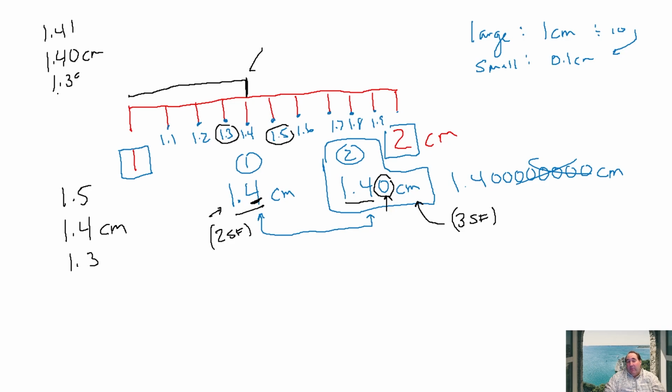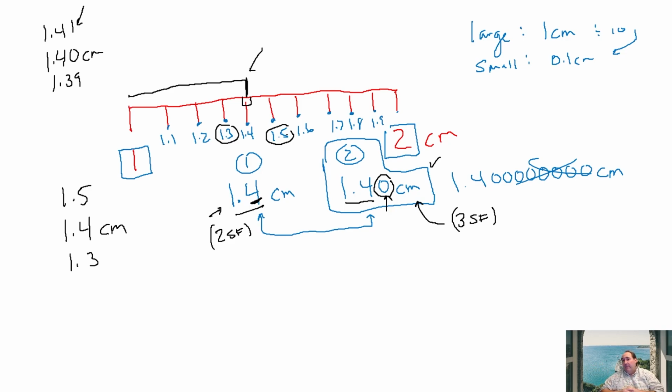Maybe it's 1.39 centimeters. The error here is pretty much what we actually see on the ruler. And that is why it is important here to keep the 0 at the end. That is because on this particular scale, we have the ability to go one more place to the right.